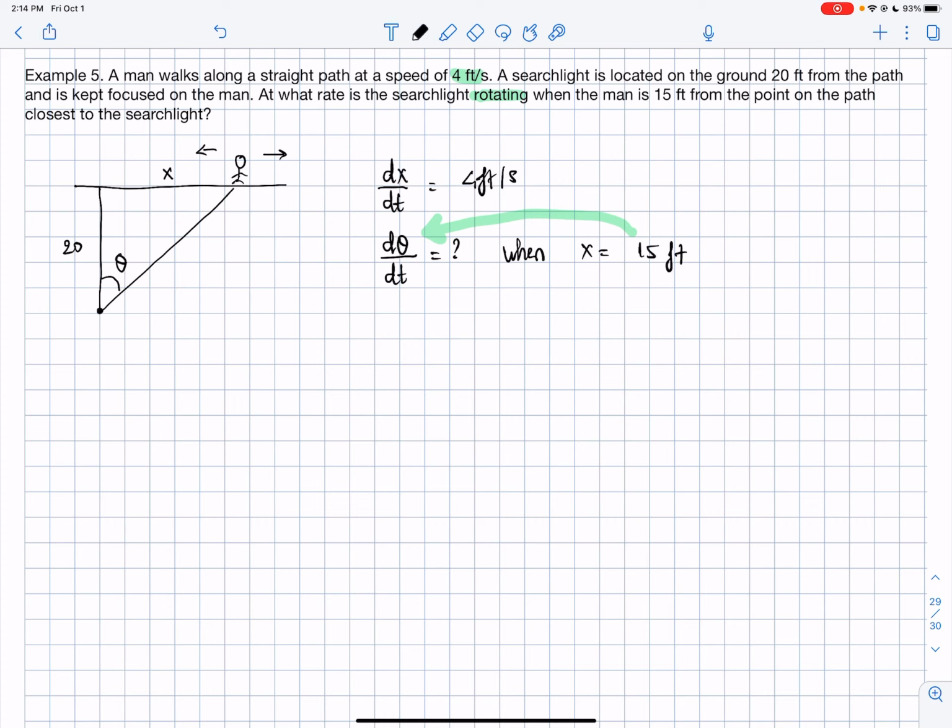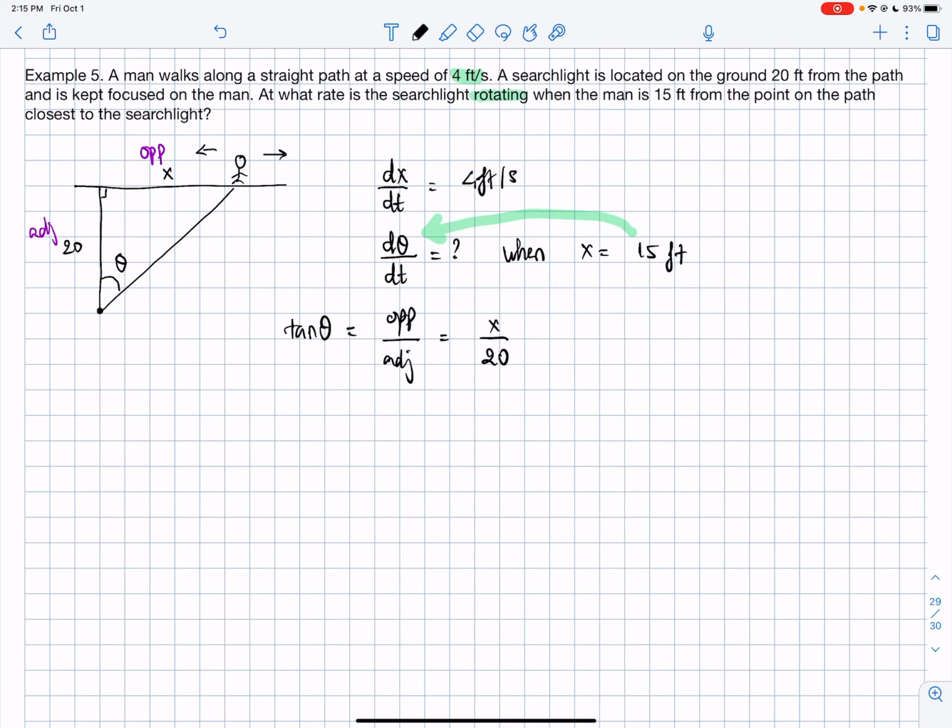So now we have the graph, and this is a right triangle. We have the angle theta. The x is the opposite, and the 20 is the adjacent. So we have the formula: the tangent of theta is opposite over adjacent, equal to x over 20.